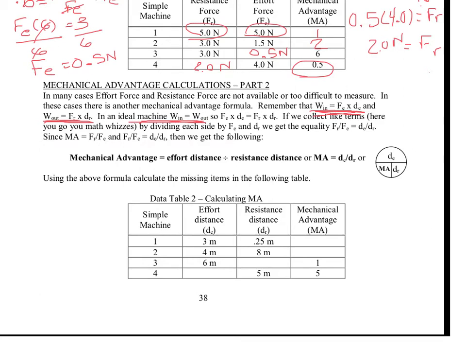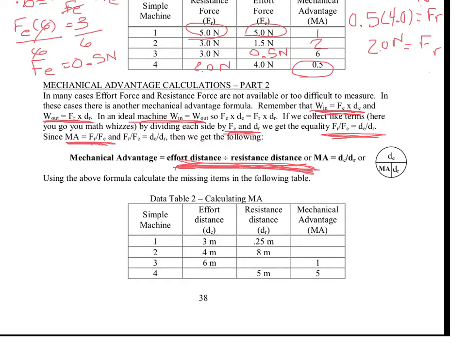So what we can do with that then is divide both sides by the effort force and the resistance distance, and get this equality. Or we can also say that mechanical advantage is equal to our effort distance divided by our resistance distance. So here's another equation that we can use to find mechanical advantage.